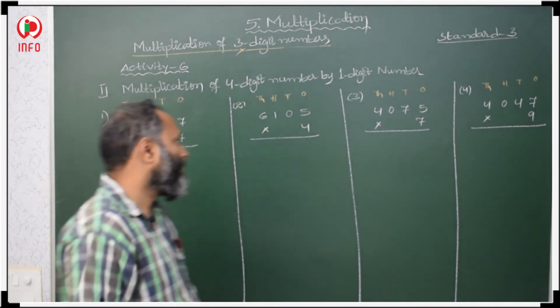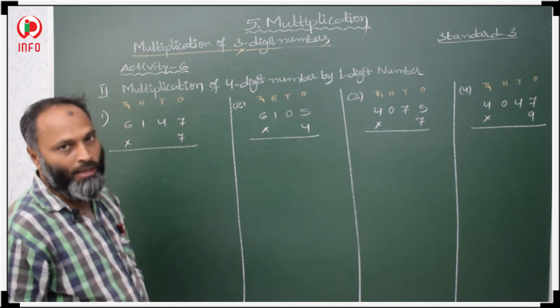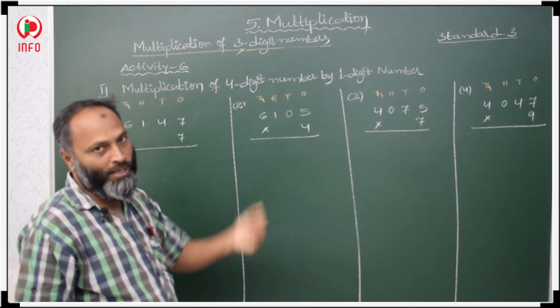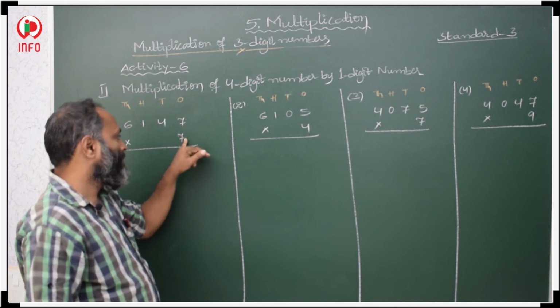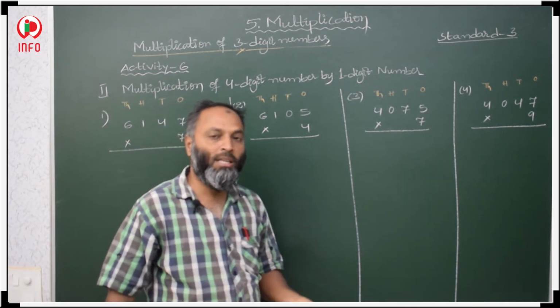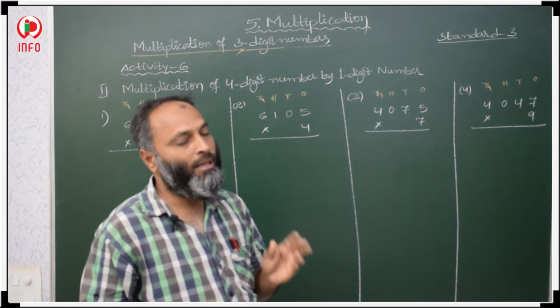Okay. So this is a multiplicand, this is a multiplier. 7 is a multiplier. Multiplicand means the number which we are going to multiply. Multiplier means the number which multiplies the number. The answer that we get is the product.